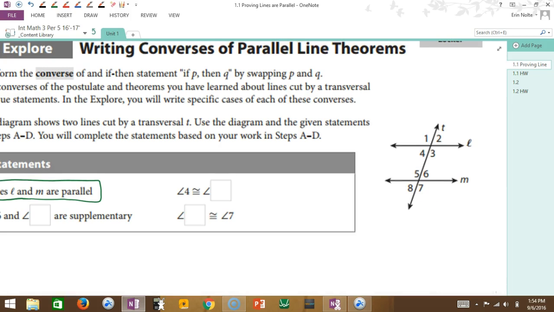So if I ignore this line for a second, and I said, okay, there's angle 8. You see angle 8, how it's down in the bottom left hand? Which one is in the bottom left hand of this one? 4. They are corresponding. So where 7 is located on the bottom right, it would be 3.